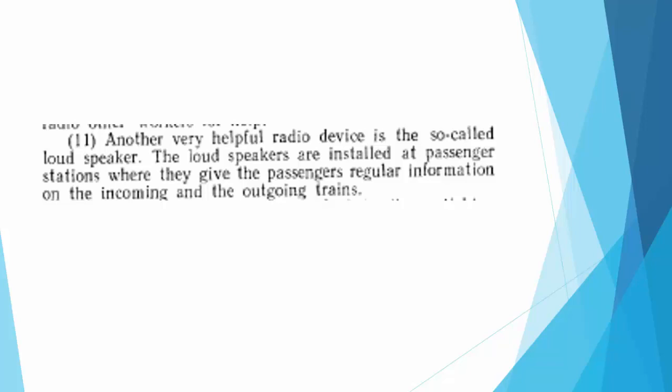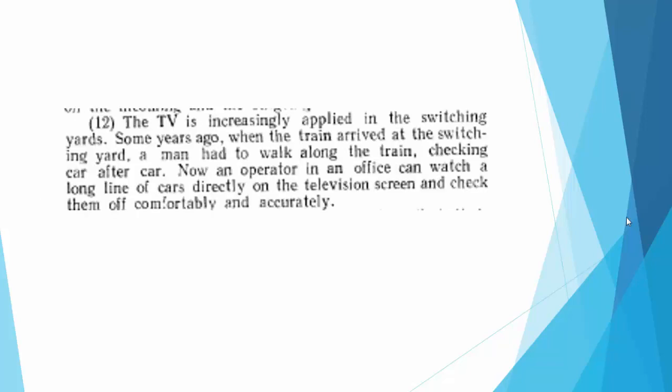Another very helpful radio device is the so-called loudspeaker. The loudspeakers are installed at passenger stations where they give the passengers regular information on the incoming or the outgoing trains. The TV is increasingly applied in the switching yard.